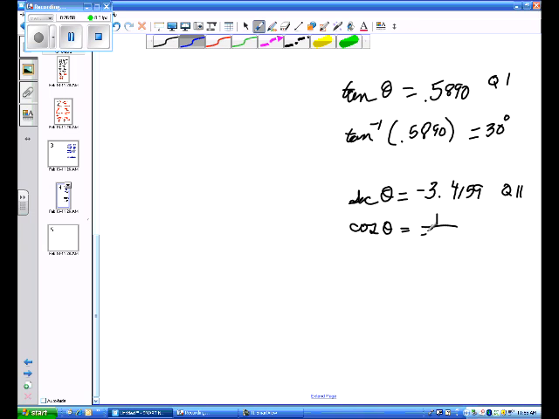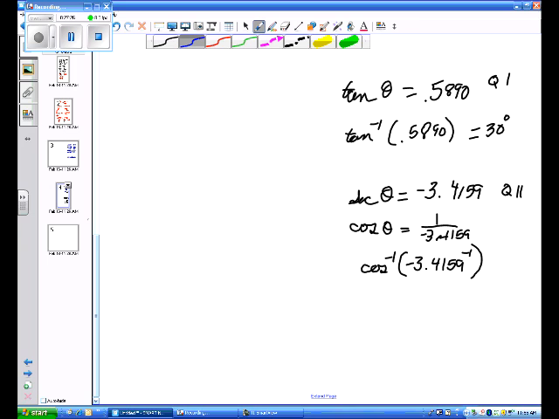We just simply took the reciprocal of both sides. So what we're going to do is the inverse cosine of negative 3.4159, and it's this number we want the reciprocal of, so we put our reciprocal inside our parentheses. Or again, if you're not sure, put 1 divided by.